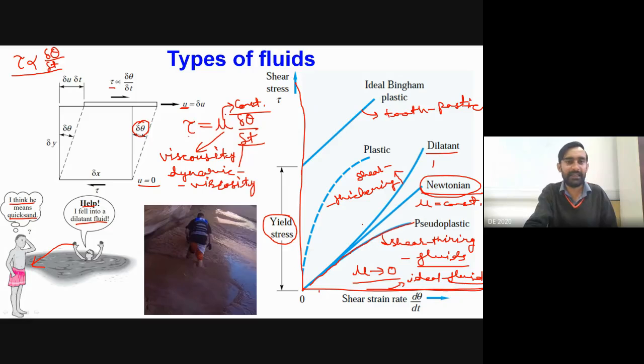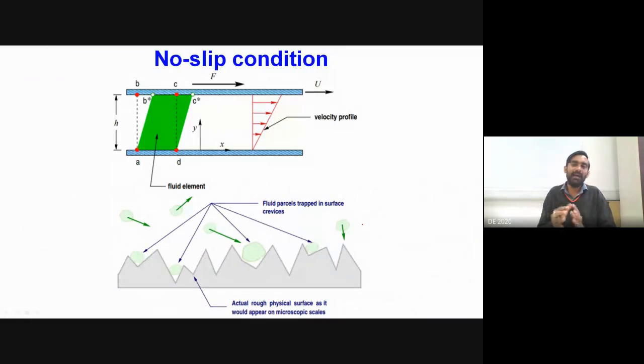So this is an overall introduction about different types of fluids. Now, one important condition applicable to a majority of fluid types, if we are studying our phenomenon under the assumption of continuum, we call that condition the no slip condition.